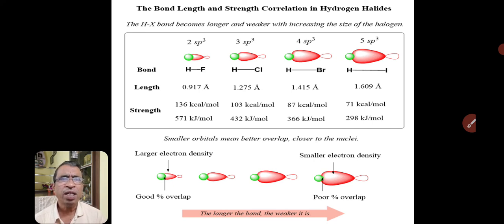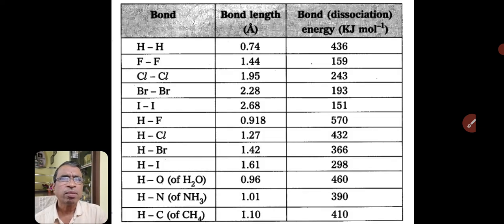It shows that the bond length increases from HF to HI and bond strength decreases from HF to HI. This is a slide that shows various molecules with their bond lengths and bond dissociation energies.